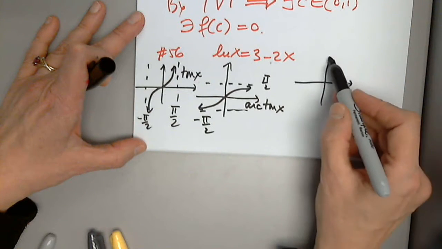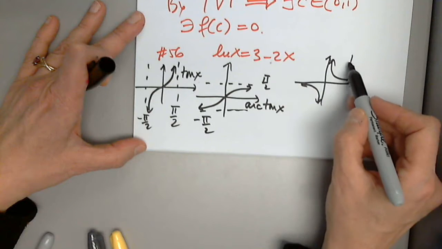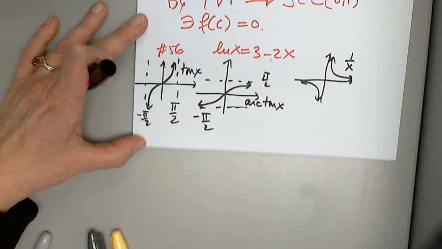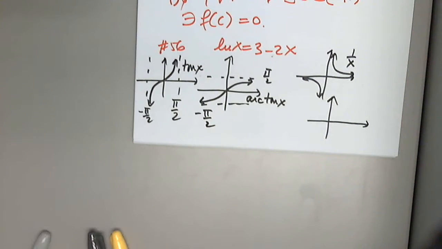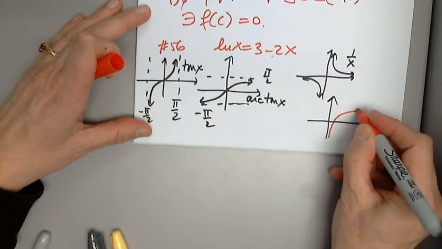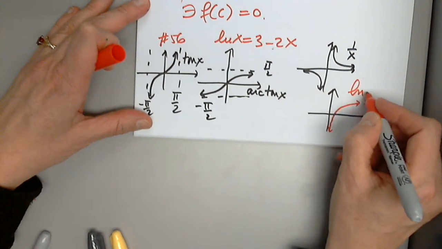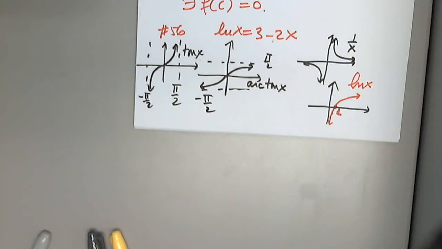We also graphed the simplest possible rational function, 1 over x. And now I would like to graph natural log x. And remember this for good, please. Very important function. Here it is. Natural log x, and it crosses at 1, comma 0.